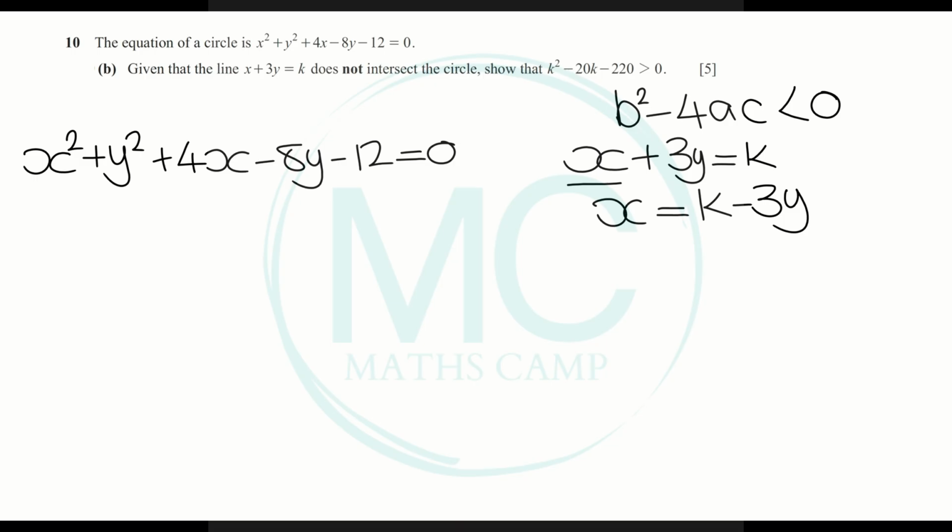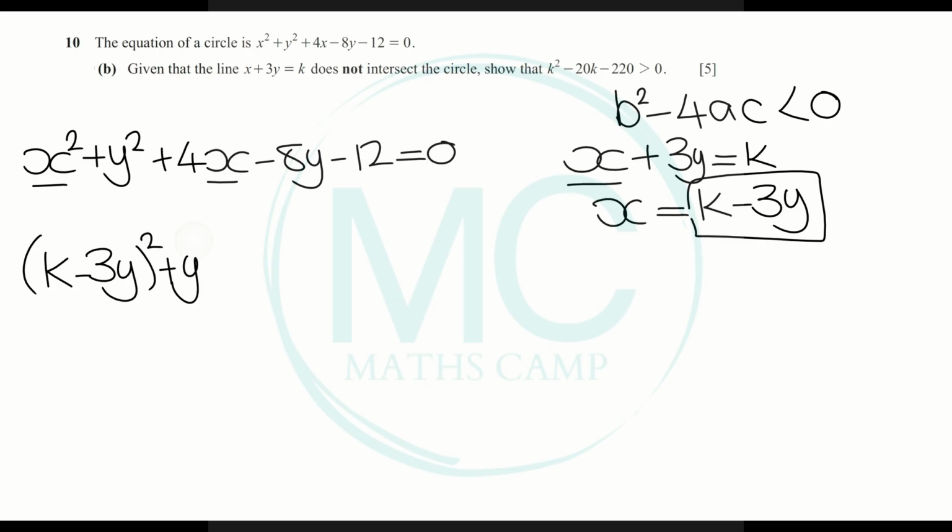To make these equations equal, I can substitute k minus 3y into my x values in the equation for the circle. So this becomes, let's open a bracket, k minus 3y squared plus y squared plus 4 multiplied by the bracket k minus 3y minus 8y minus 12 is equal to 0.